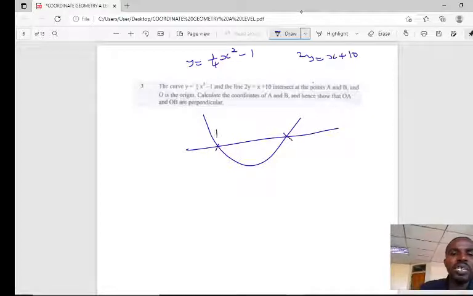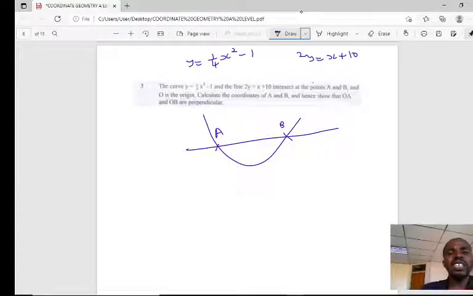Then I mark the points A and B where these intersect. So you want to find the coordinates of the points of intersection. What you do basically is you just equate the equations of the two graphs. You solve them simultaneously, just like that.